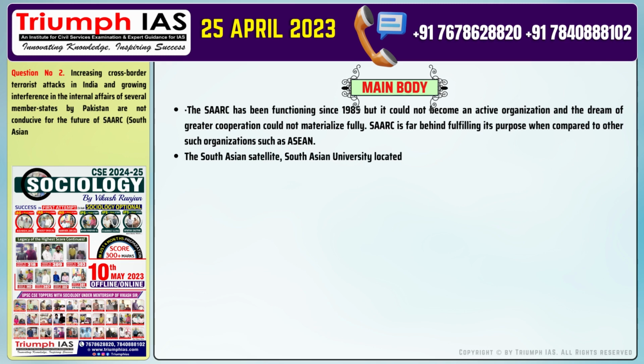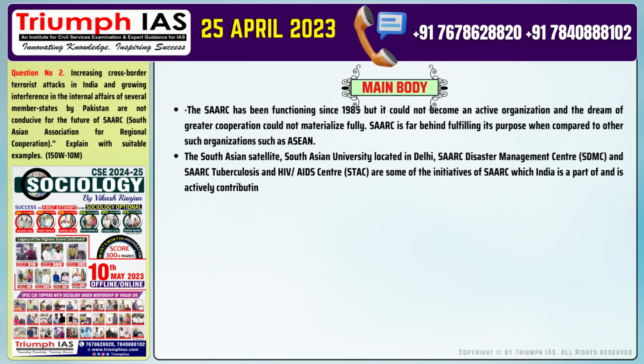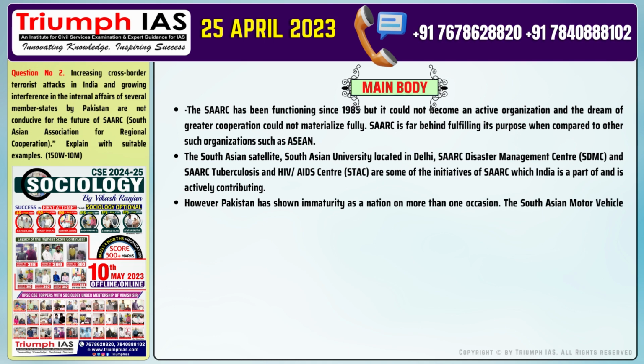The South Asian Satellite, South Asian University located in Delhi, SAARC Disaster Management Center, SDMC, and SAARC Tuberculosis and HIV/AIDS Center, STAC, are some of the initiatives of SAARC which India is a part of and is actively contributing.